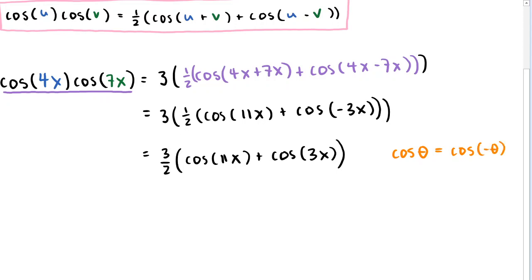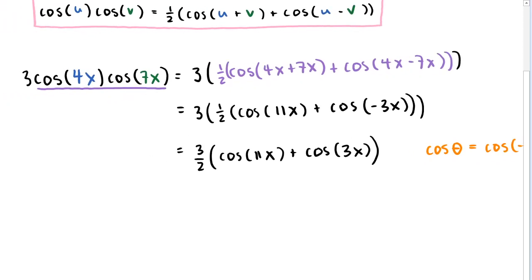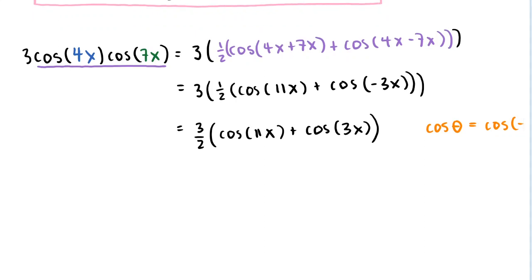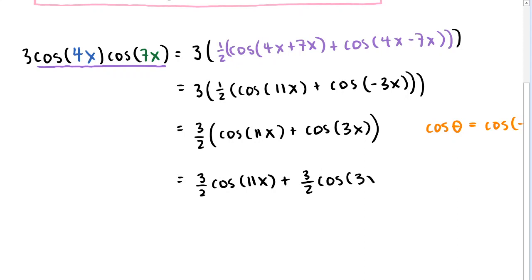Cosine doesn't read negative input values as different. And so that input to our cosine function, we can rewrite it as 3x to make that just a little bit simpler. And the last thing we can do here is distribute that 3/2 to get 3/2 cosine of 11x plus 3/2 cosine of 3x.